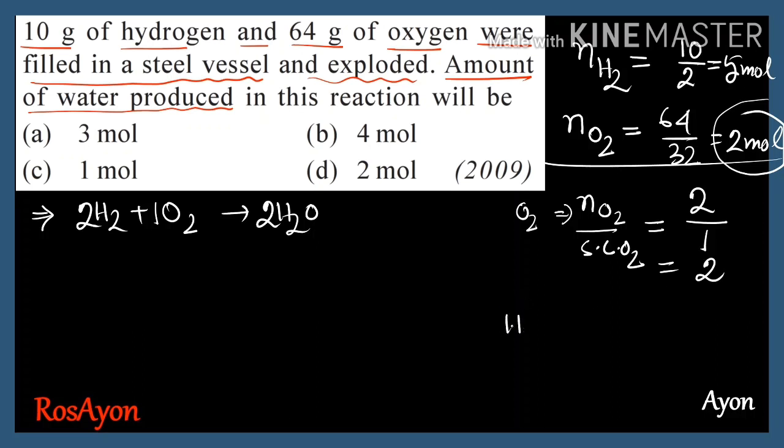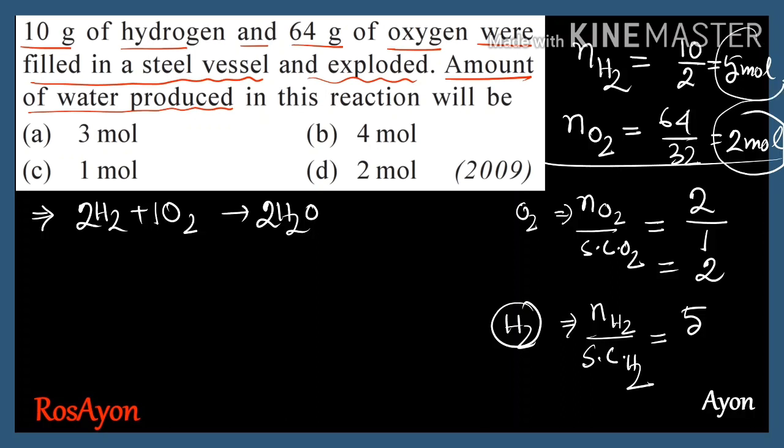Now for H2, number of moles of H2 divided by stoichiometric coefficient of H2, that is equal to 5 mole divided by stoichiometric coefficient 2, that is equal to 2.5.